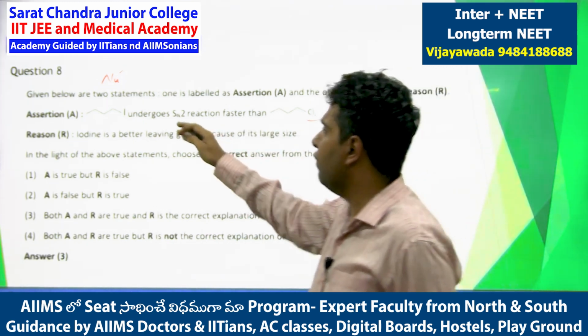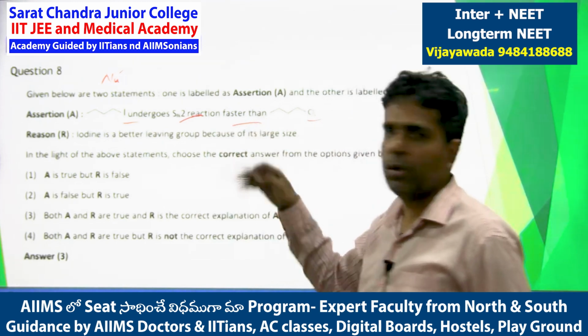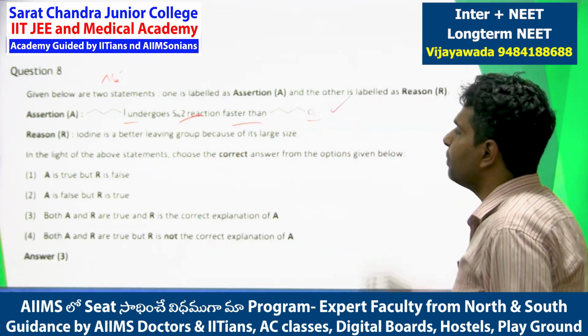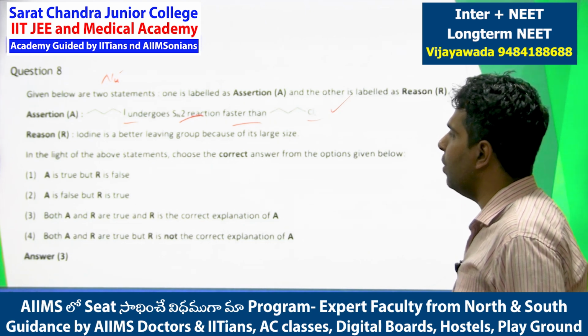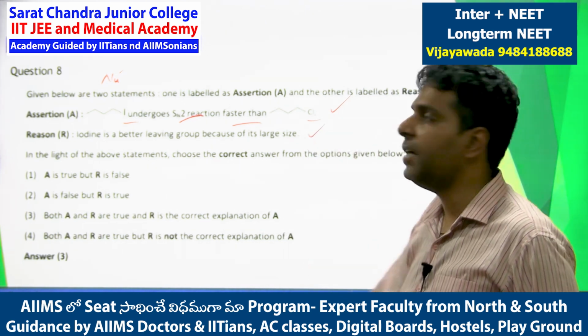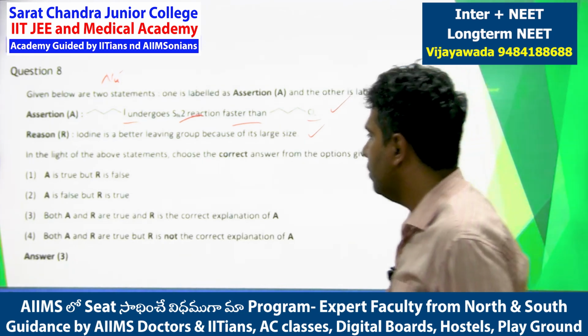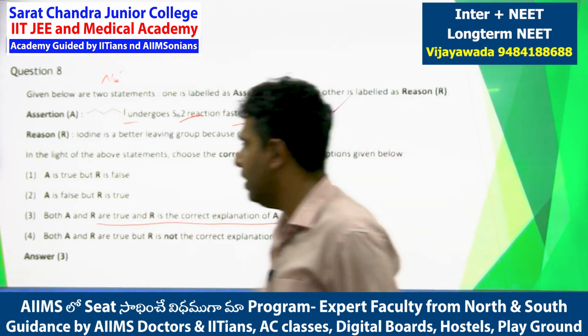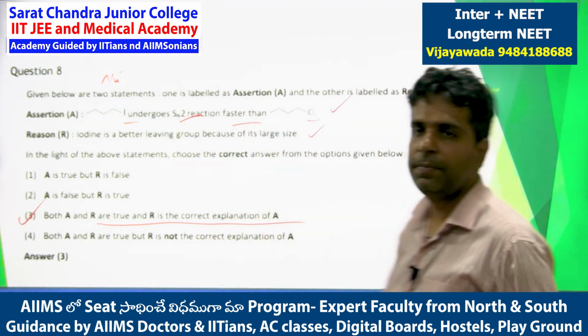So the SN2 reaction will be faster with iodine as compared to chlorine with the same nucleophile. So the assertion is correct. Iodine is a better leaving group because of its large size. So the reasoning is also correct, and it is the correct explanation for the assertion. So both are true, and reasoning is the correct explanation of assertion. So the answer is 3.